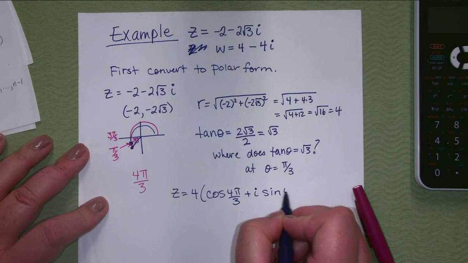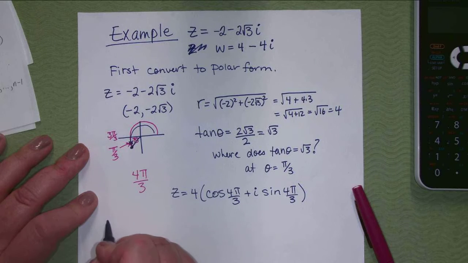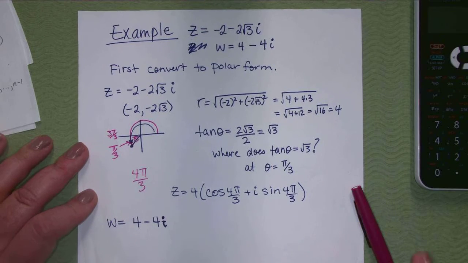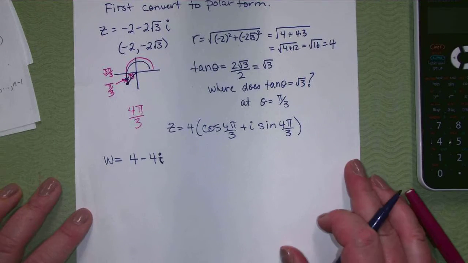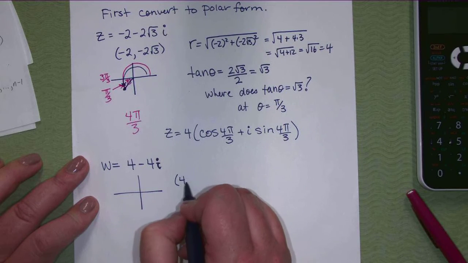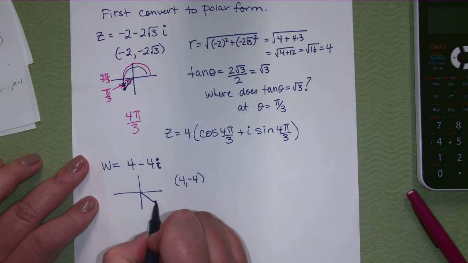And then W. 4 minus 4I. So if we draw that as a point, positive 4 minus 4 is down here. We need to find that reference angle.